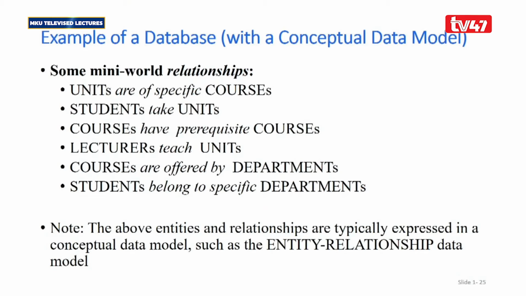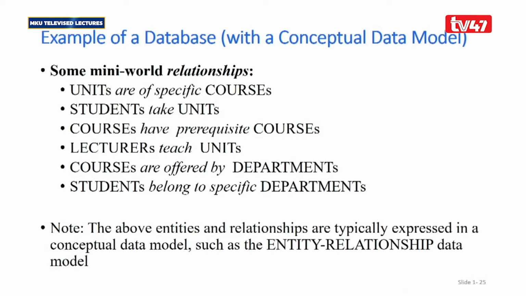So units are for specific courses. We know that a unit is on its own, and we know that a course is on its own. But the moment we talk about database approaches, we can bring in a relation. And when you are going to design a database, you can create these relations. We can have the course unit code, for example, for this unit and this course.